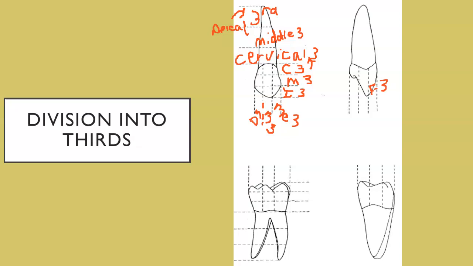This is in between, so it is the middle third. And this is opposite facial, so this would be the lingual third. So that's what the anterior dividing into thirds looks like.